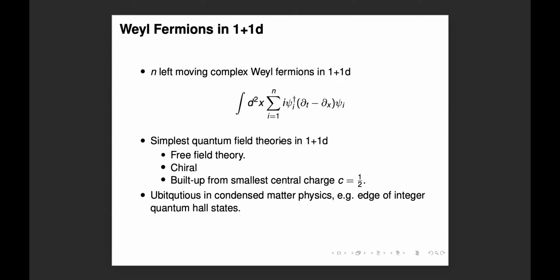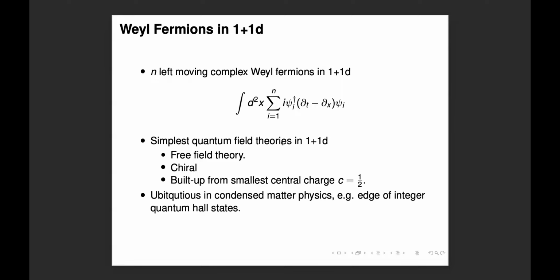And second, it's chiral, so it's a building block for the non-chiral theory. In this sense it's much simpler. It's built up from the simplest bosonic conformal field theory, which is c equals 1/2.